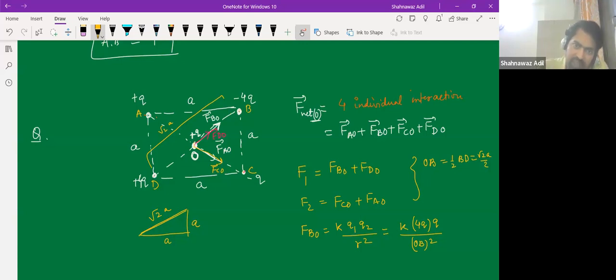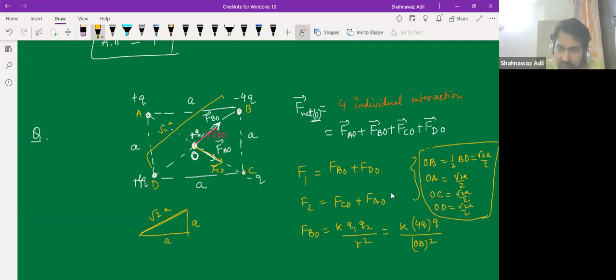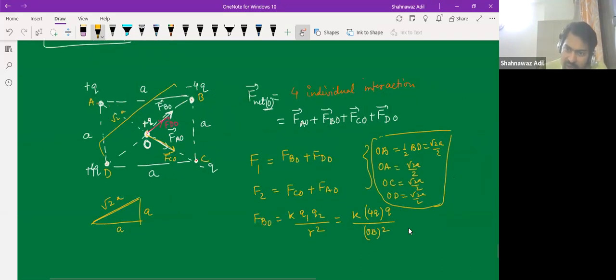Similarly, OA would be the same, root 2A by 2. OC would be the same, and OD would be the same, because that is a square. So all these lengths are the same. So this is 4KQ square by OB square.